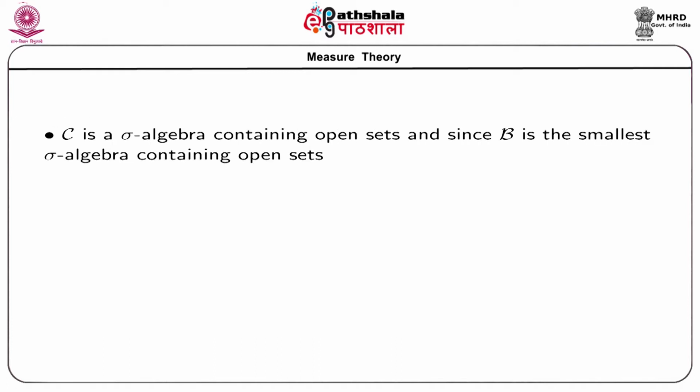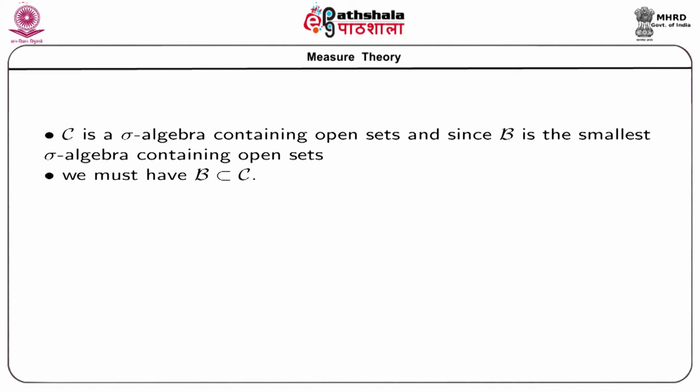Now, C is a sigma algebra containing the class of open sets, and by our definition B is the smallest sigma algebra containing open sets.